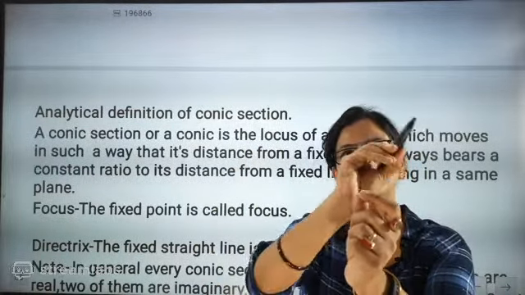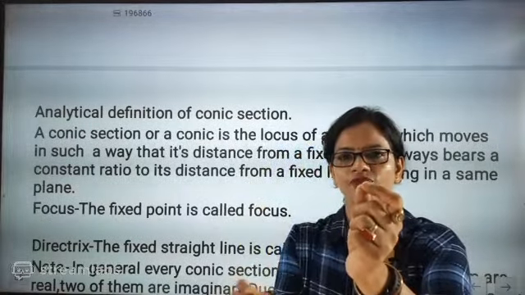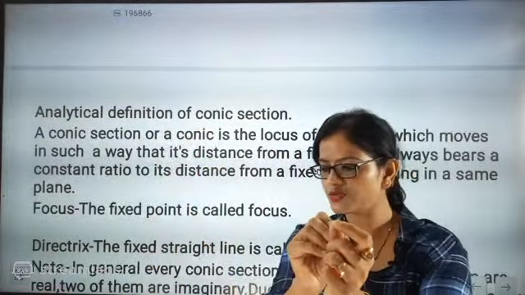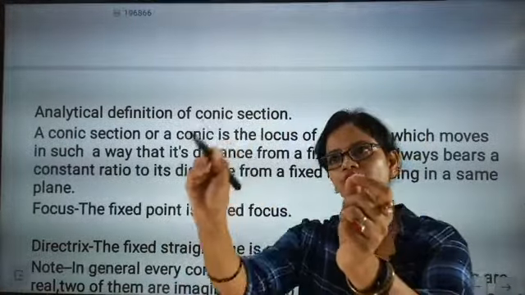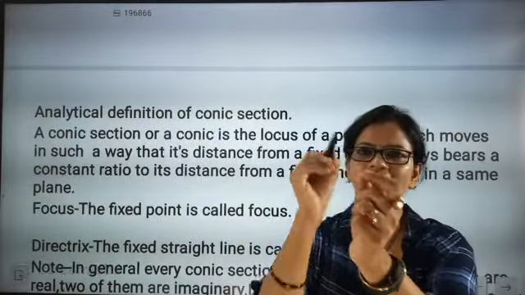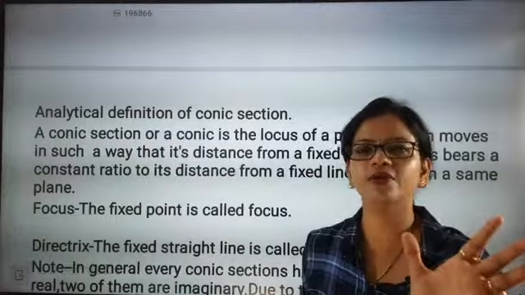Whatever point is present on the surface of the parabola, from that fixed point and one directrix line that I am going to draw, I am going to move that point in such a way that it will always be equidistant from this fixed point, and this fixed point is nothing but the ellipse.